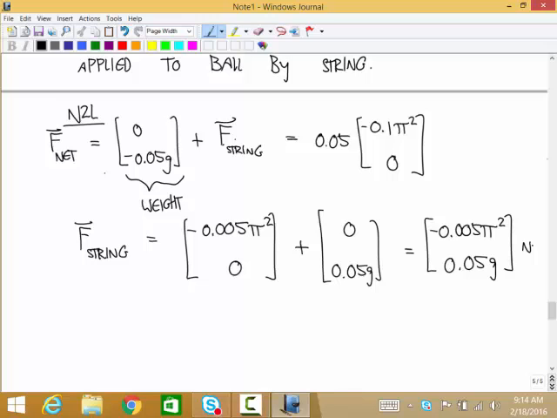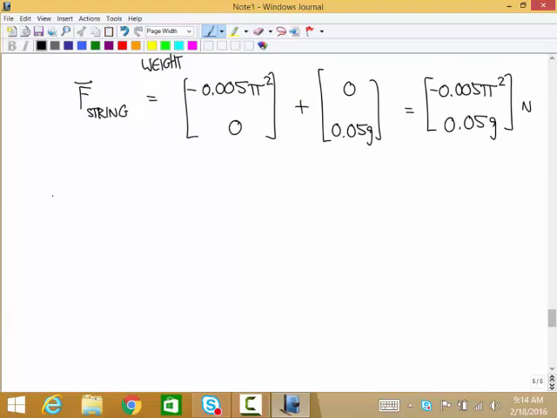Okay, this is probably the last force type we're going to get to today. So the second type is pushing contact.